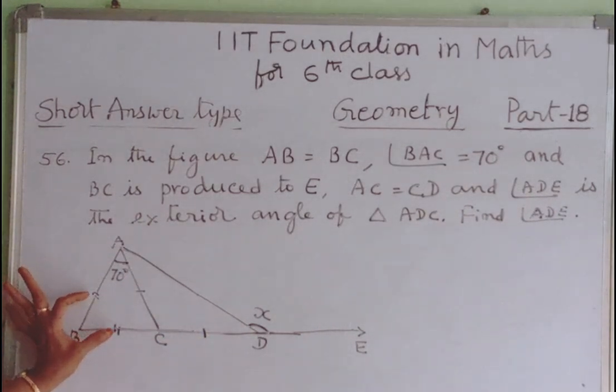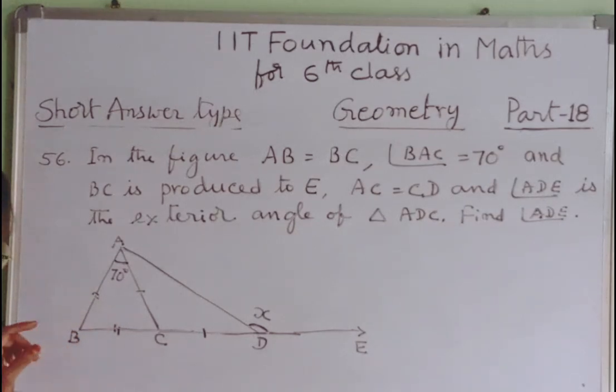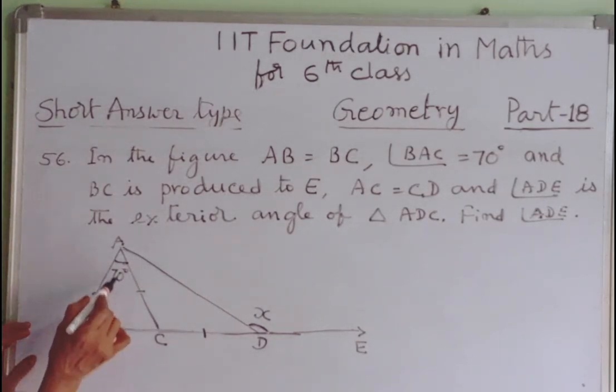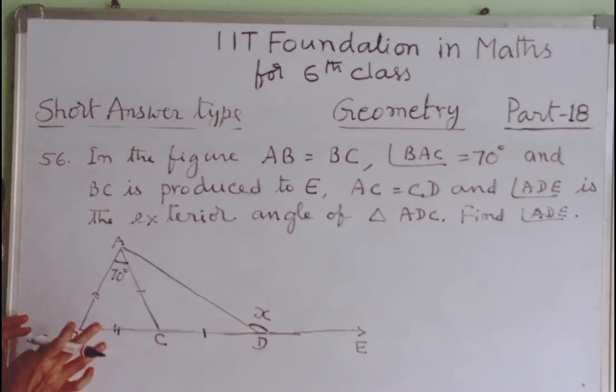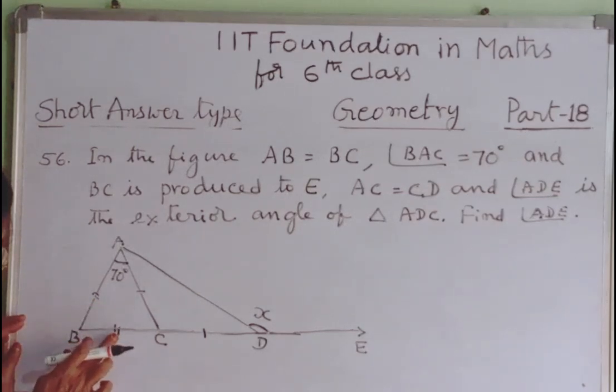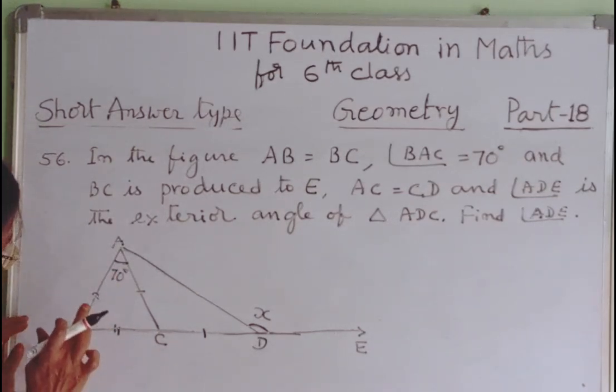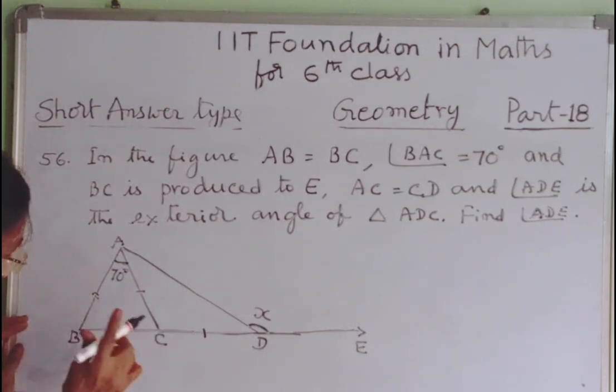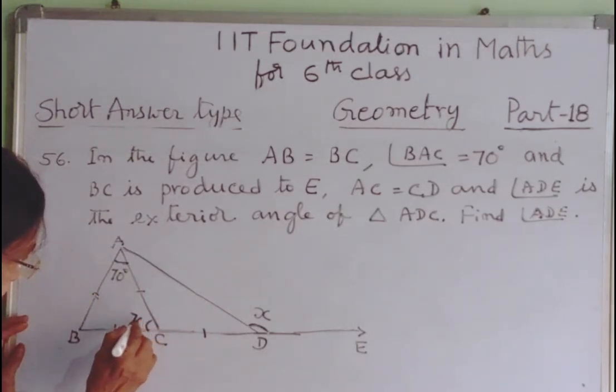As these two sides are equal, the angles opposite to these two sides are equal. The angle opposite to this side is 70. Therefore, the angle opposite to this side is also equal to 70.